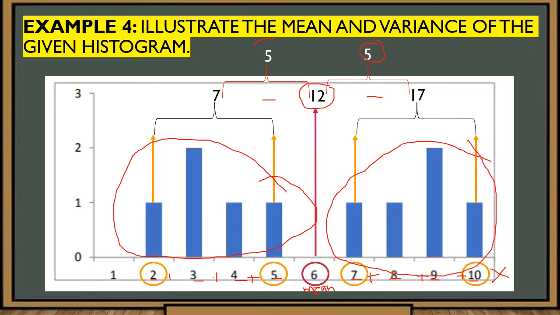So observe that they have equal distance in any direction, either left or right. So this is the idea of the variance and standard deviation. I hope you get the idea.